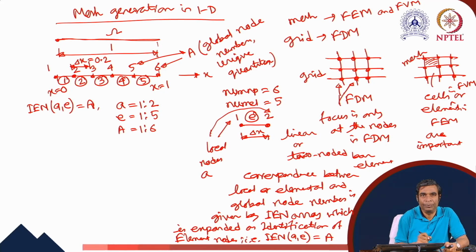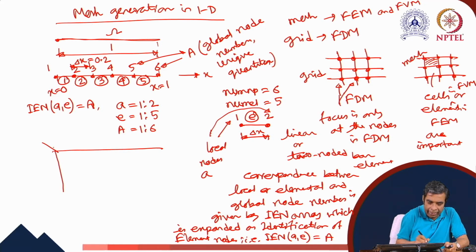In this table, there are two axes, one horizontal axis, that is the direction of the elements, and one vertical axis, that is the direction of the local node numbers. So we present the IEN array as this is the axis for e and this is the axis for a. a is varying from 1 to 2 and for e we have 5 values: 1, 2, 3, 4 and 5.